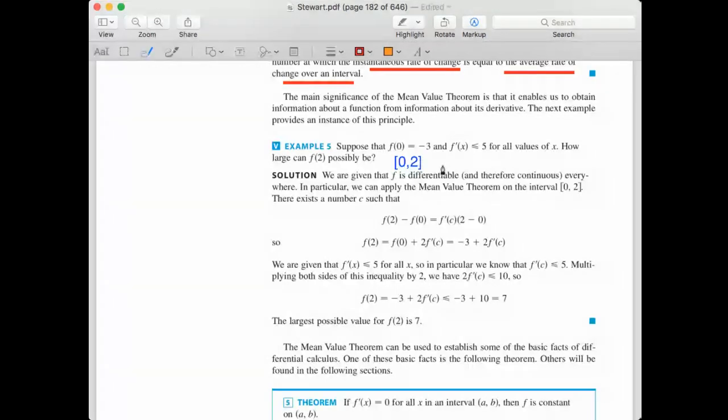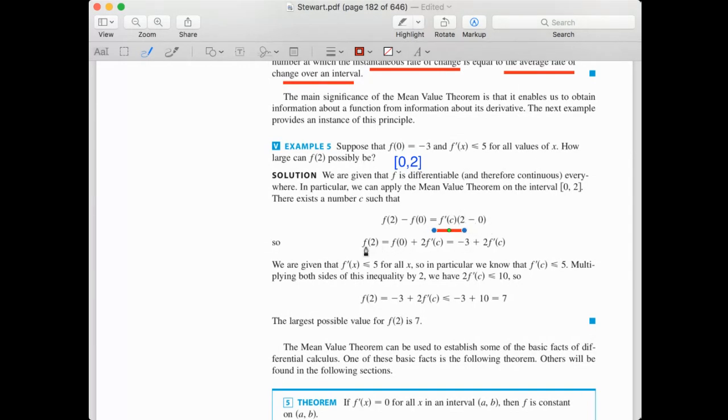And we're going to use the mean value theorem. The mean value theorem says that in the interval 0 to 2 there must be a value c where the derivative, the instantaneous rate of the function at c, equals the average rate from 0 to 2. So f of 2 minus f of 0 divided by 2 minus 0.